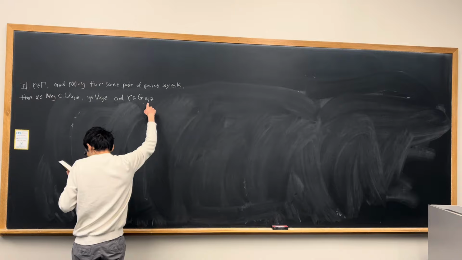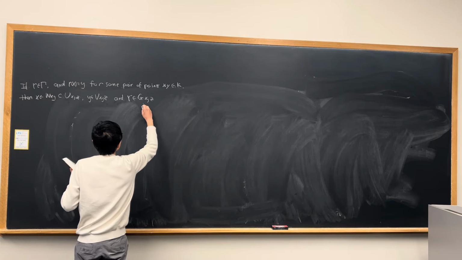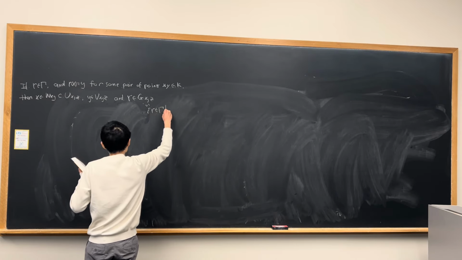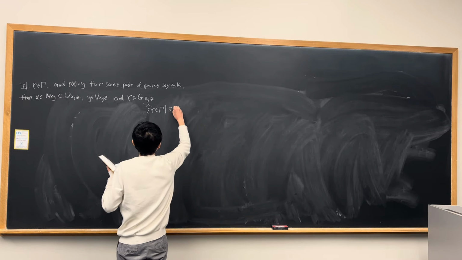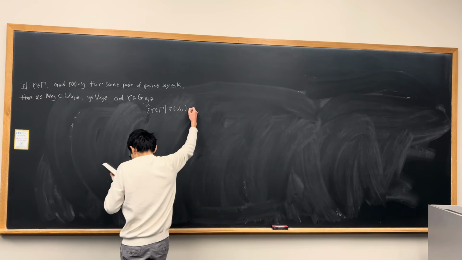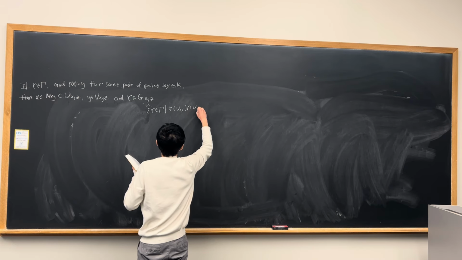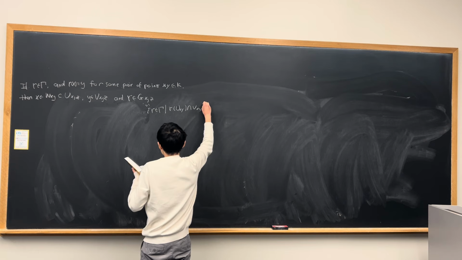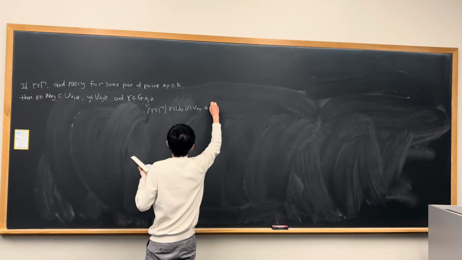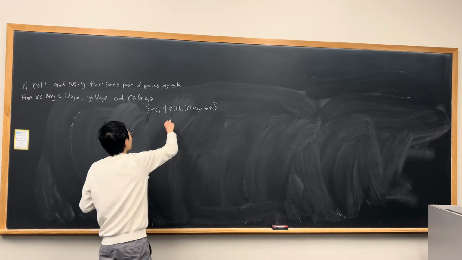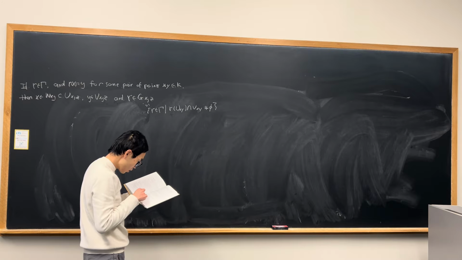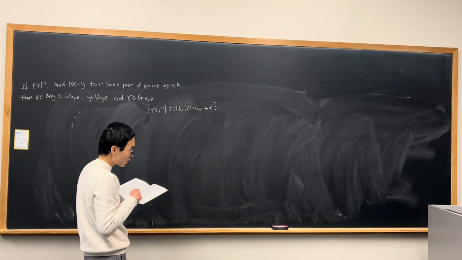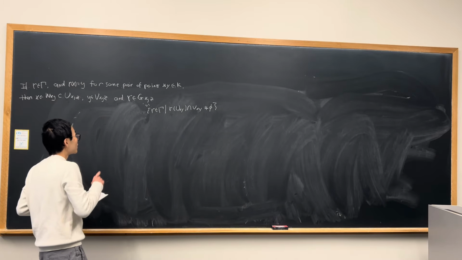Remember that this G_{xy} is defined to be the set of all small gamma in this big gamma such that gamma of U_{xy} intersects V_{xy}, so it's not empty. It's one of the intersection realizing maps.